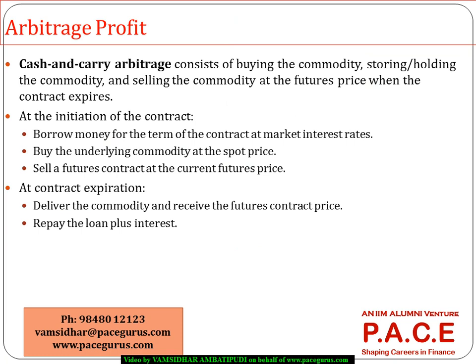So the arbitrage profit, again, if the forward price is greater than the expected spot price or less than the expected spot price, you can create an arbitrage position. Either you sell in the forward market, buy in the spot market, or you buy in the forward market, sell in the spot market, or you borrow the money in one of the markets, based on that you buy.